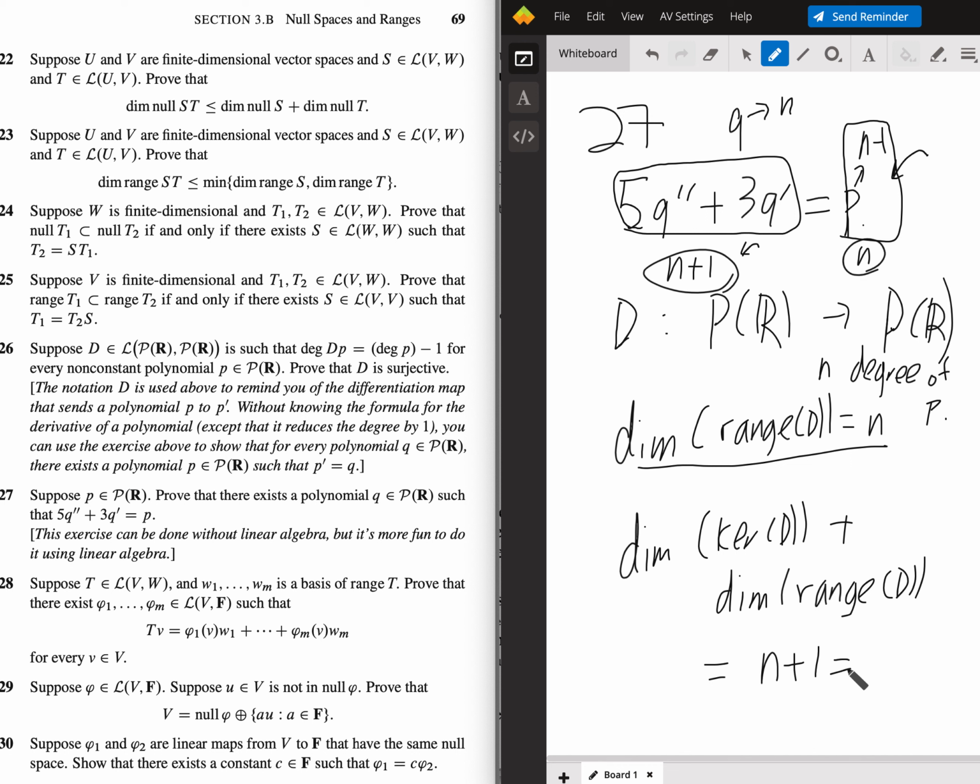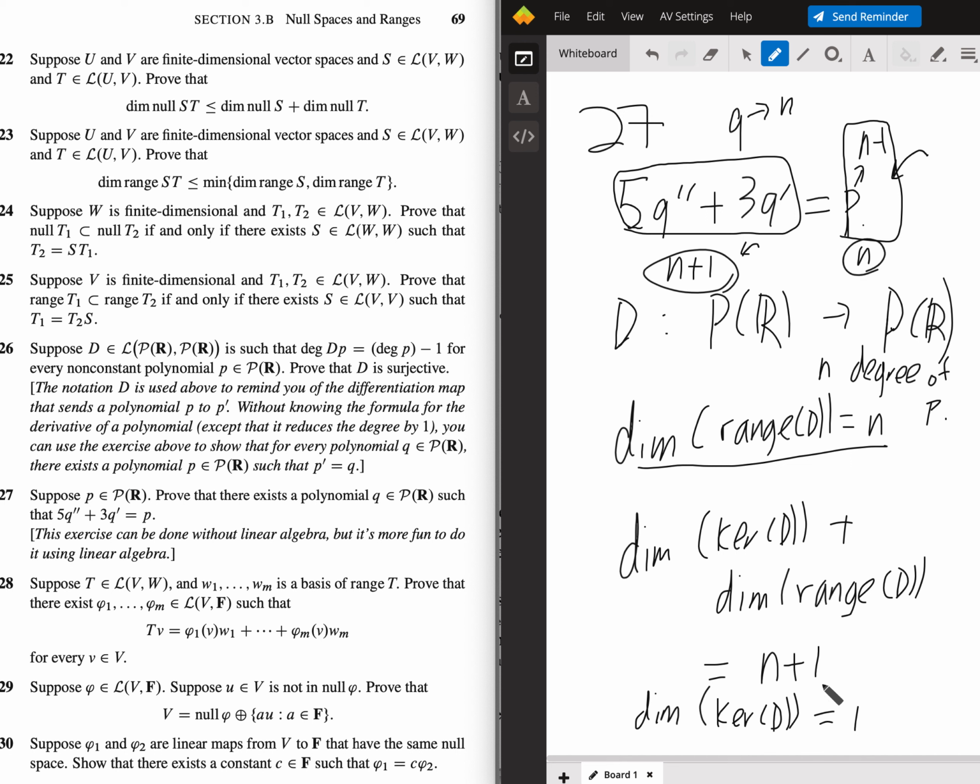So ideally, the dimension of the kernel plus the dimension of the range is n plus 1, which is the input space you're coming out of. The input space is polynomials of degree n plus 1, and you're going to polynomials of degree n through the differentiation map. So ideally, if you're able to somehow show that the dimension of the kernel is 1, then you're done.